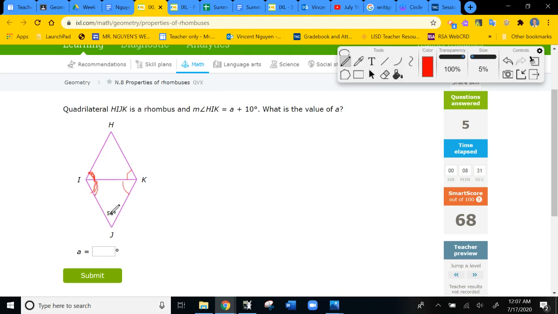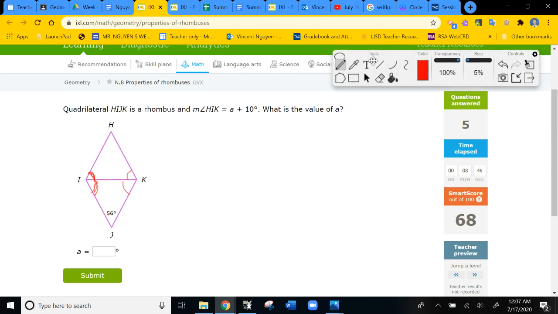We take 180, subtract 56 and divide by 2 to get this angle. I'm going to use my calculator real quick. 180 minus 56 and then divided by 2. That angle happens to be 62 degrees. So if this angle is 62 degrees, then this angle over here is also 62 degrees.